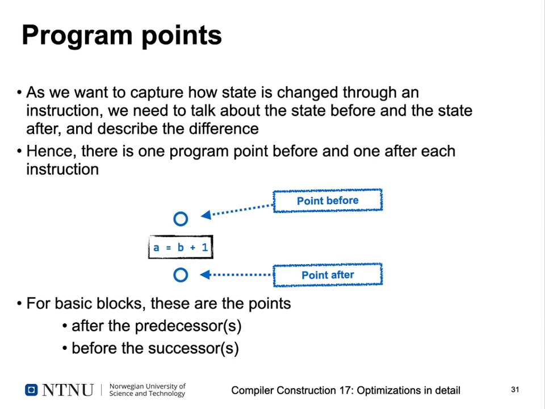So we have to consider the point before the execution of an instruction as well as the point after the execution of an instruction. We can extend this to basic blocks, obviously, and for basic blocks, these point before and point after are the blocks after the predecessors and before the successors of the basic block we are currently looking at.